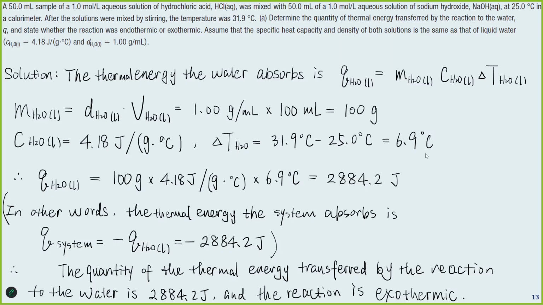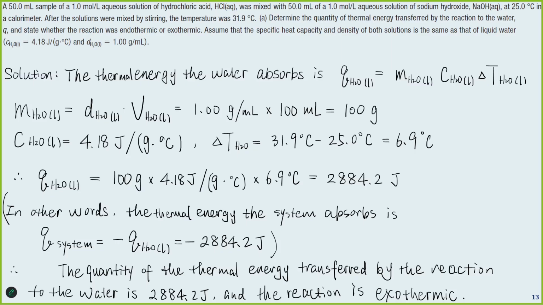Alright, now let's have a look at the solution of this question. So we know the thermal energy of water absorbed is given by this equation here, right? Q H2O, or Q water, equals m H2O times C H2O times delta T. And we also know the mass of the water is 100 grams according to the given information.